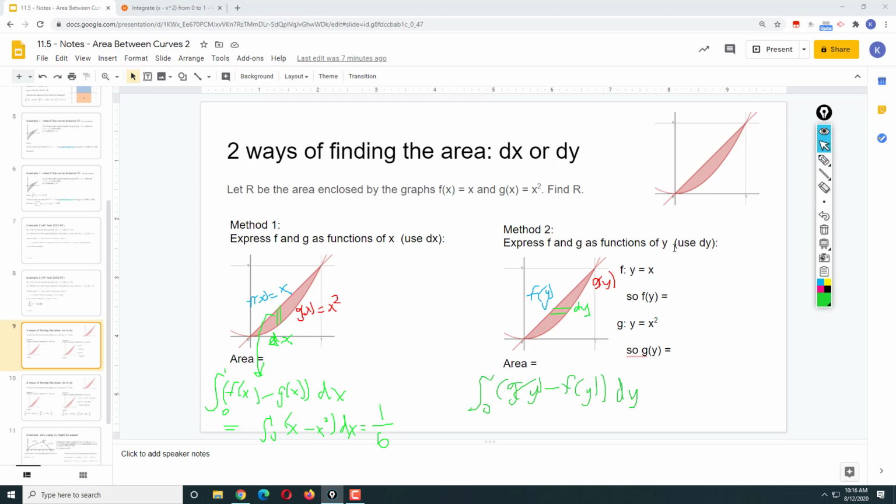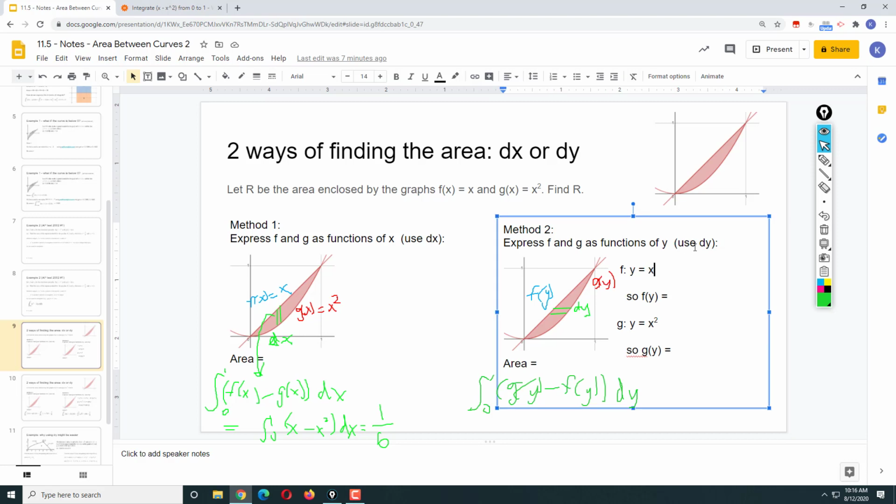But what is g of y and what is f of y? Well, f of x is x, so y equals x. That means x equals y. That means f of y is just equal to y. Next, g of x is x squared. So y equals x squared. Because y equals x squared, we take the square root of both sides. x is the square root of y.